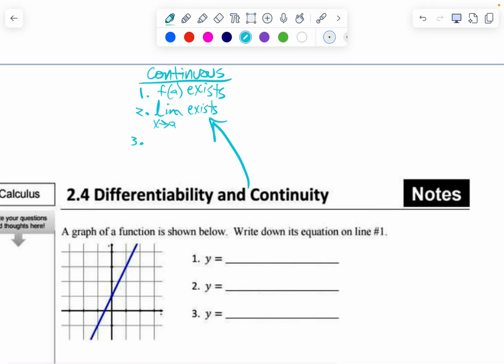And then the true test of continuity is putting those together. The limit as x approaches a from the left equals the limit as x approaches a from the right, which is the other way of saying the limit exists. And what else does that have to equal? It has to equal f of a. Okay?